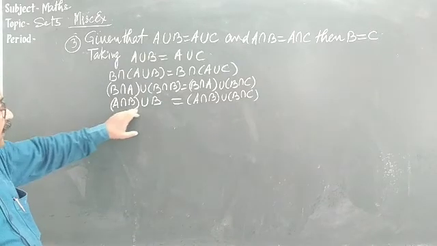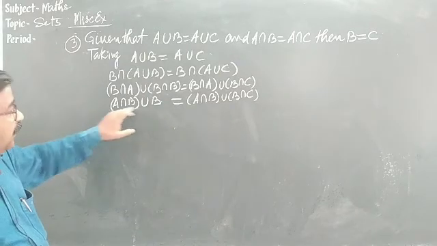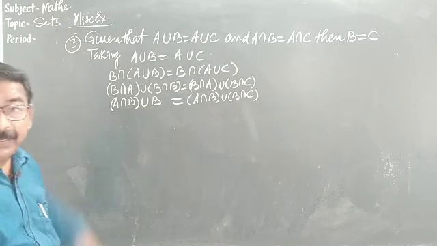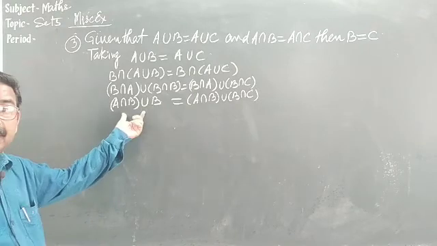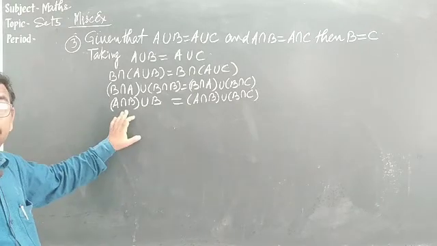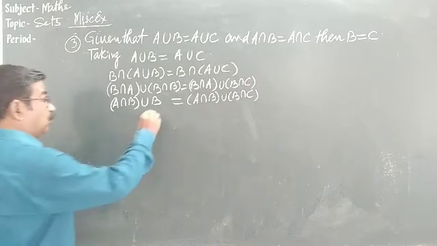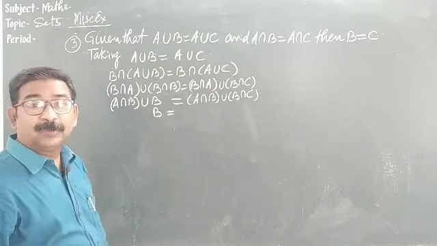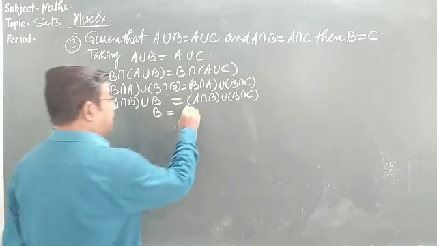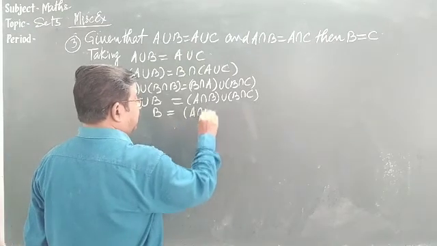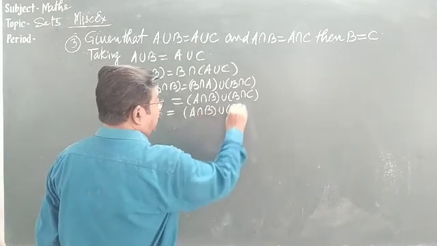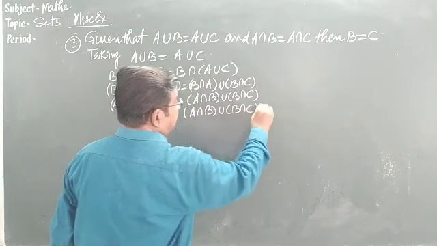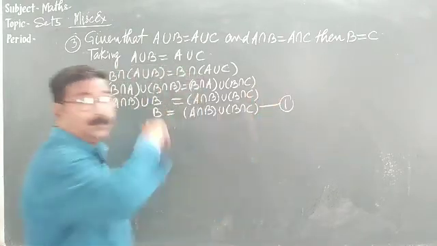We have A intersection B, union B. What is the result of this? That is equal to B. So B is equal to (A intersection B) union (B intersection C). Let this be equation number 1.